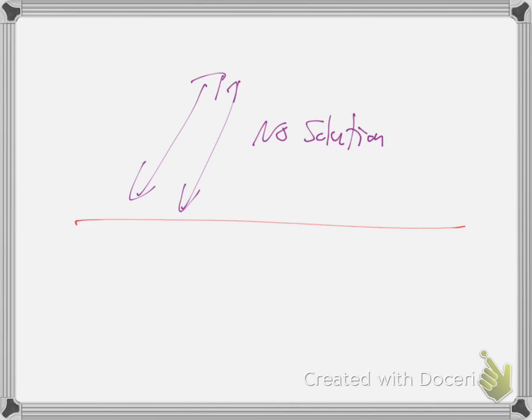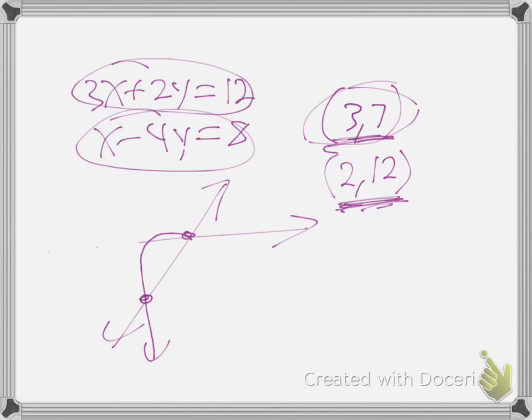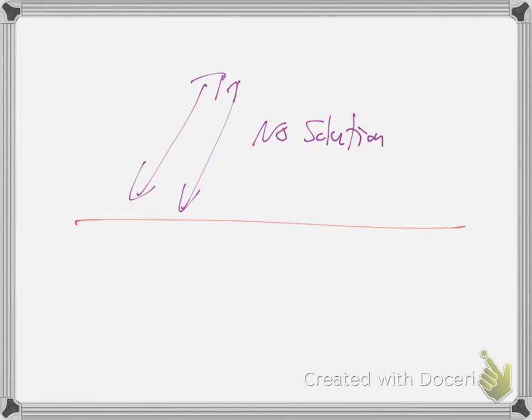There's one more thing. So we can have one answer, right? Not two. Two lines can meet in one point. They cannot meet at all. Here, let me draw this over. So there's three possibilities. Number one, one answer. That's what you normally get.